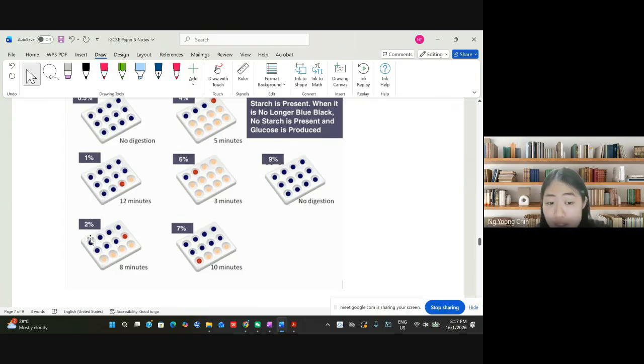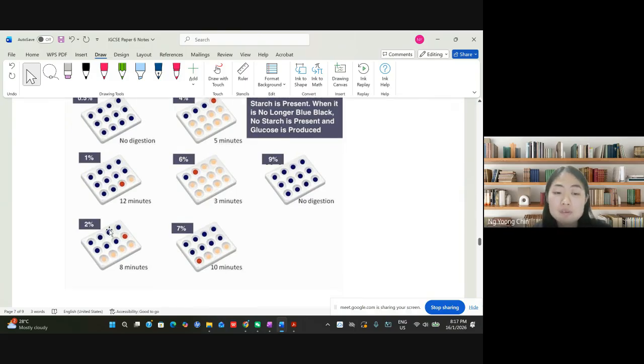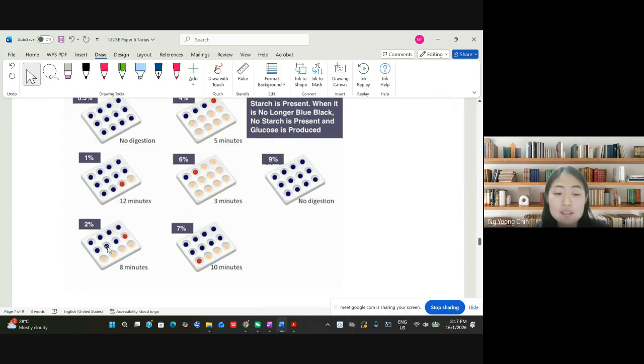Initially the starch is present, but later when time goes by, the starch will become what? The starch will become maltose, because it is being broken down by the enzyme. So when you continue to drop the iodine, later it will no longer change color, it just remains the same color.